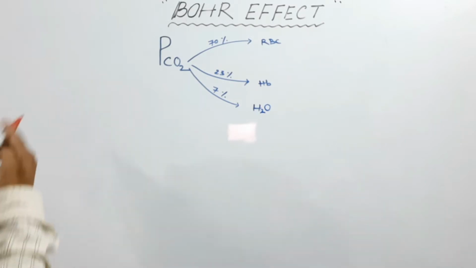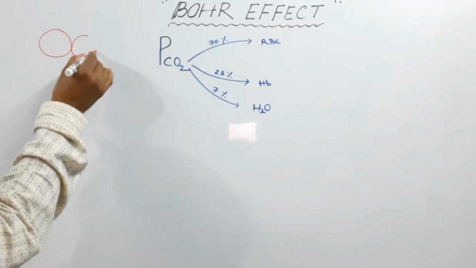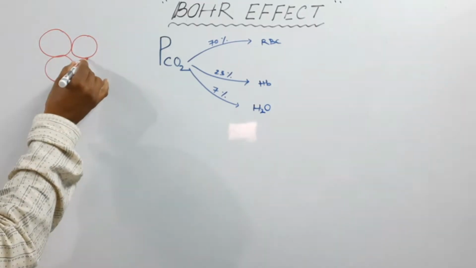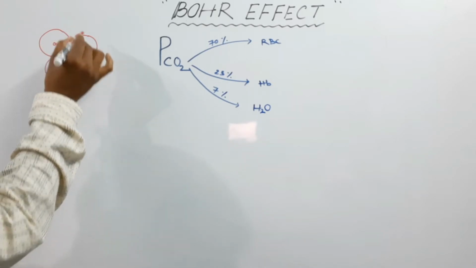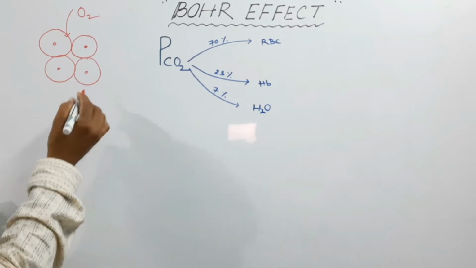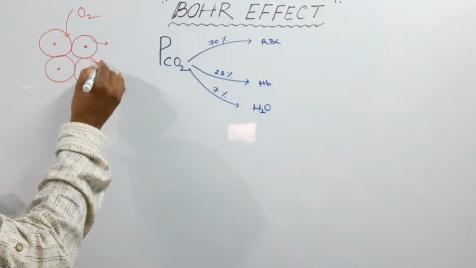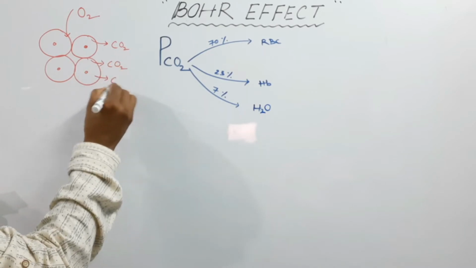At the tissue site, suppose these are the different cells, or this is the tissue. So this tissue is consuming oxygen, and after metabolic activity, more and more carbon dioxide is produced.